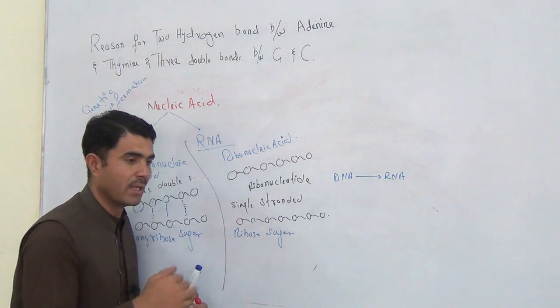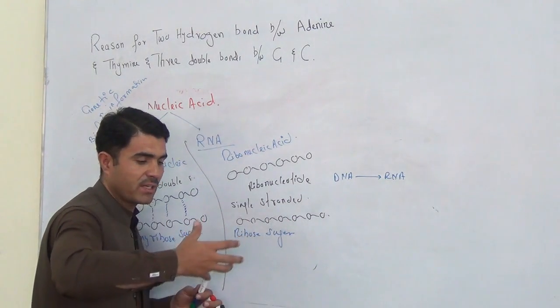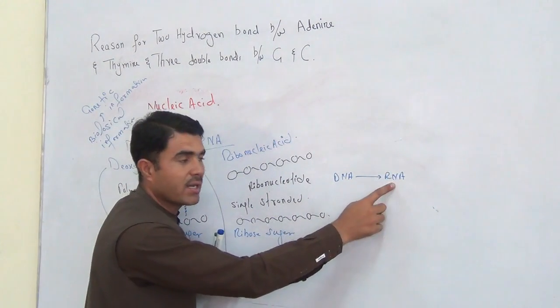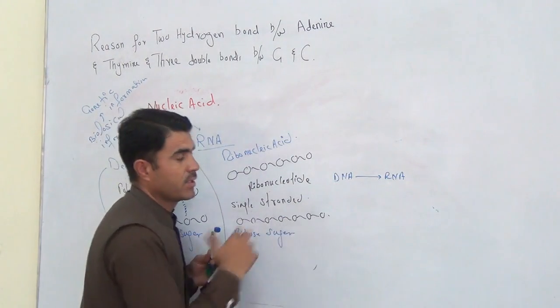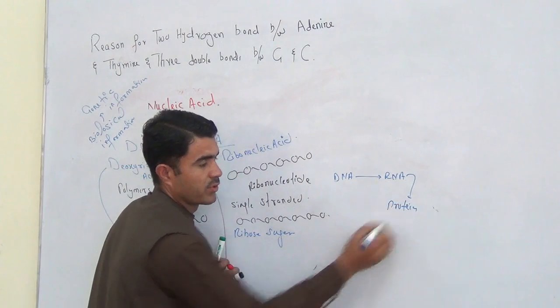So DNA will not go there, DNA will just give its information. Whenever DNA gives its information, that is always in the form of RNA. RNA is always formed from the DNA, right? So with the help of RNA, you will get protein.